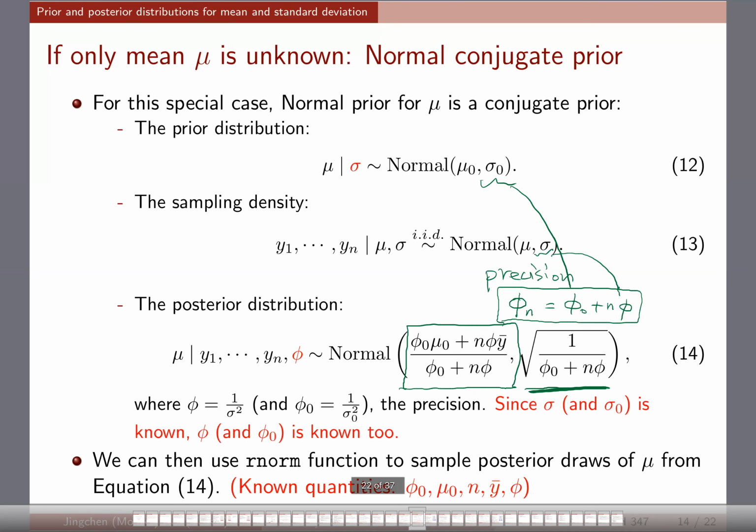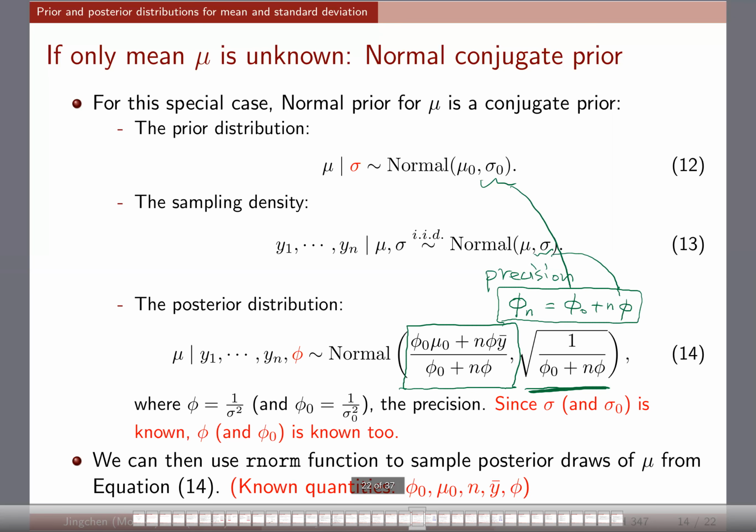So the reciprocal of that, which is the variance, 1 over phi n, is going to be smaller than either of them. And a smaller variance means a smaller spread, meaning lower uncertainty, right? So that's not surprising.